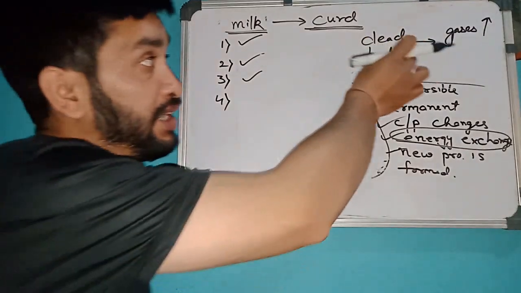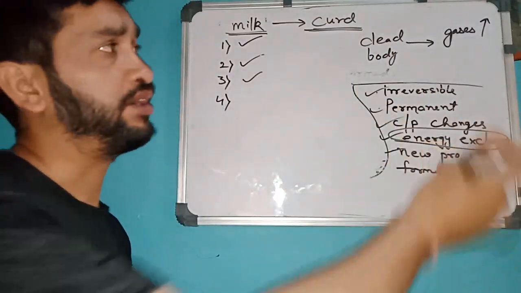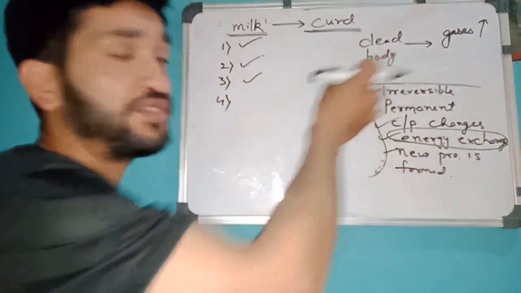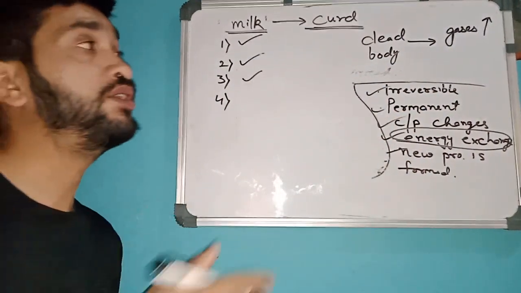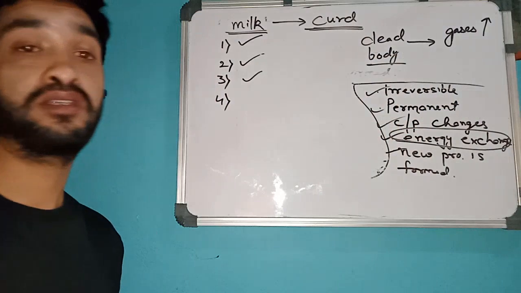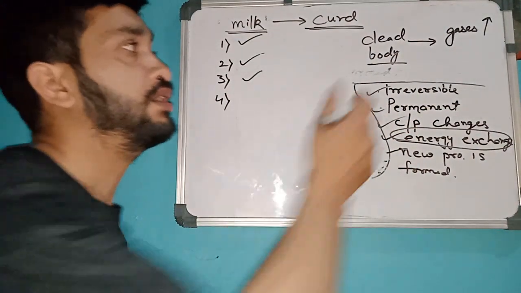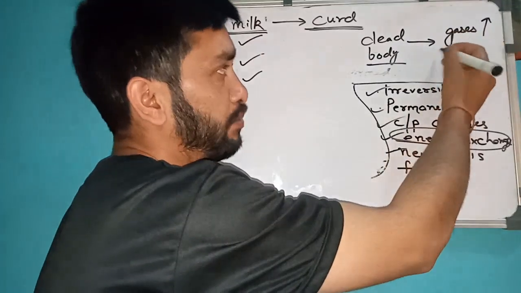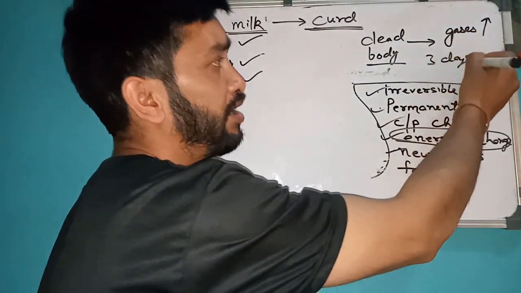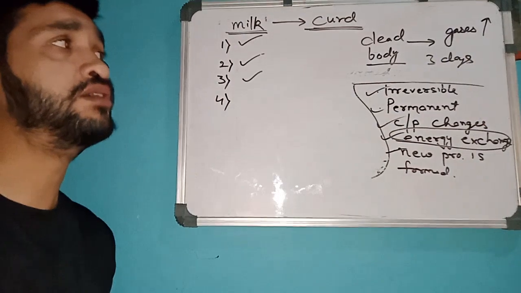Once that dead body gets deteriorated, you cannot convert it back to the state which it was in earlier. Suppose it's 3 days and a dead remain of a dog or any animal is there.